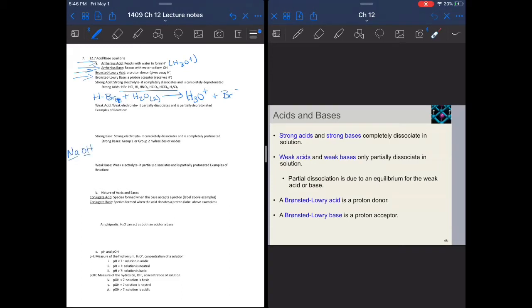Well, we know that this is completely soluble. So we're going to leave out the spectator ion here. OH minus is frequently our strong base, and it's in solution, and it reacts with water. And now water is actually going to act as our acid, and the hydroxide is going to take that proton away from the water and produce OH minus. So you wind up with OH minus on both sides.